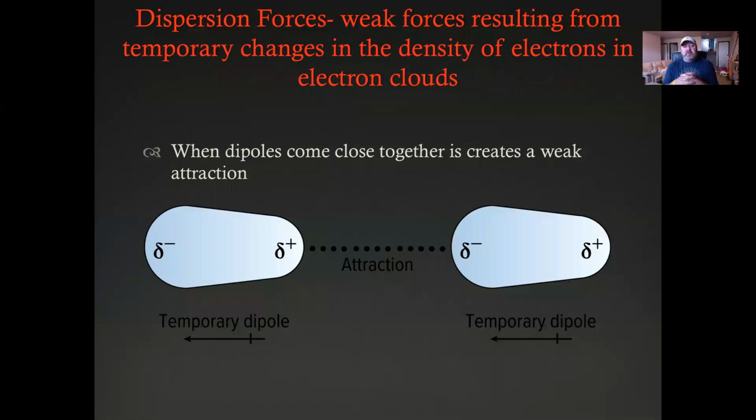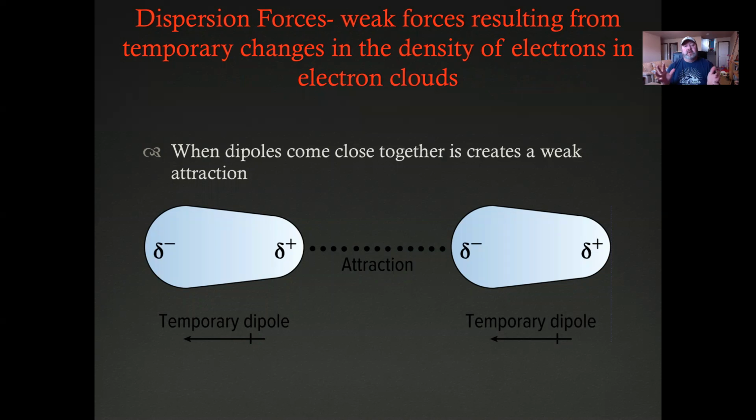Okay, so dispersion forces then are weak forces that result from changes in the density of the electrons in the electron cloud. That sounds complicated too. Weak forces resulting from temporary changes in density of electrons in the electron cloud. Here's what happens.